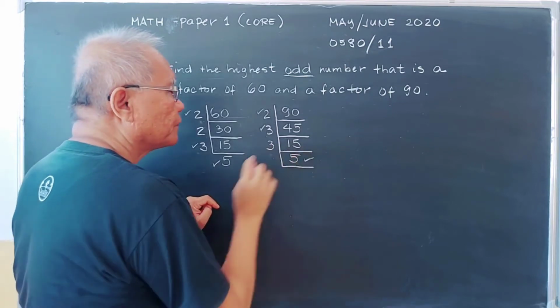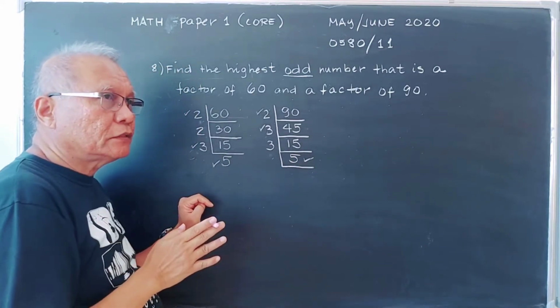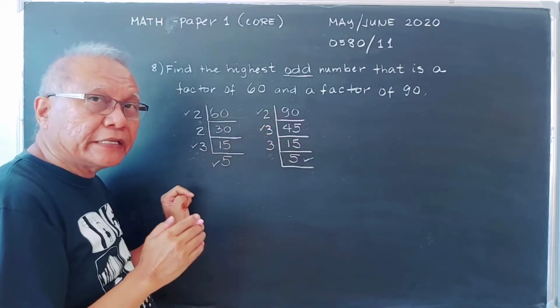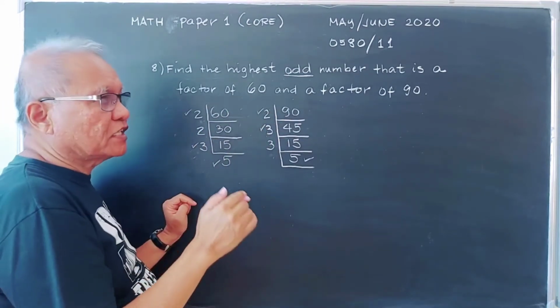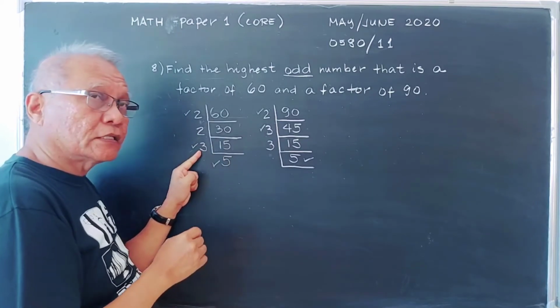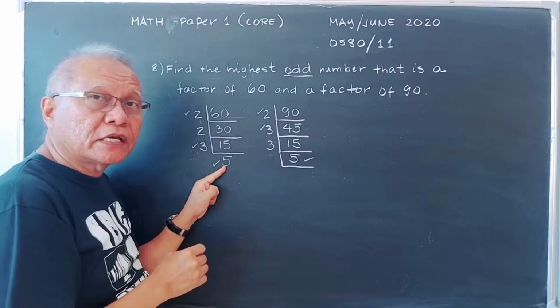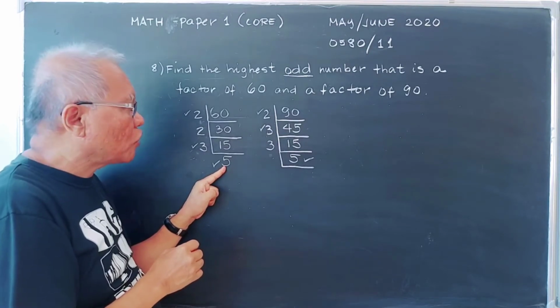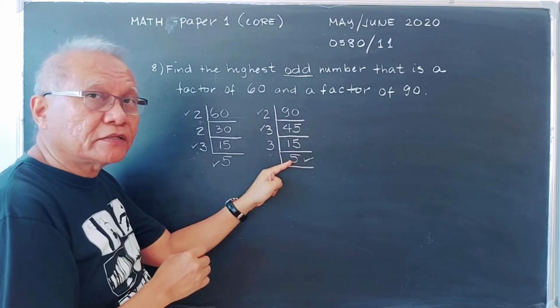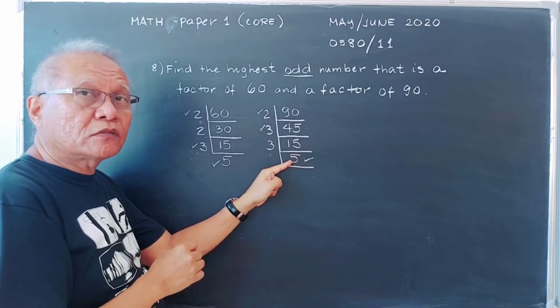So if we are going to find the highest common factor of 60 and 90 without saying whether it is even or odd, 2 times 3 is 6, times 5 is 30. That is the highest common factor.